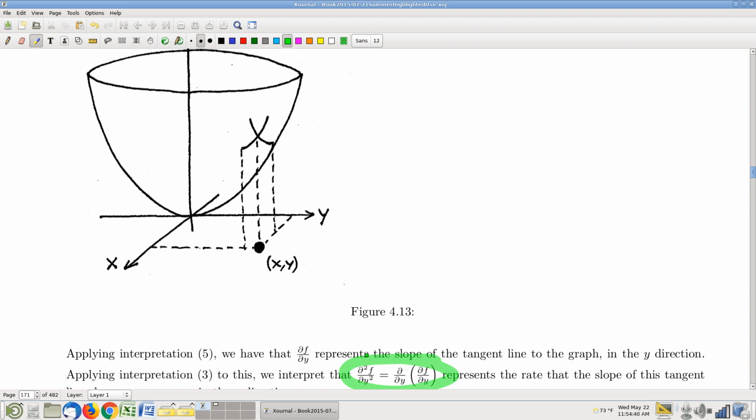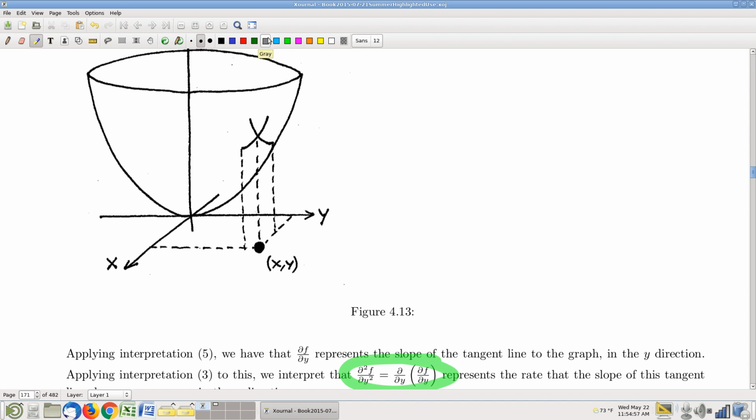Well, in this process of computing the second partial with respect to y, keep in mind, the very first step is I'm going to take the y partial, and the very first step in taking a y partial is to say x is fixed. All right, so we're going to fix x.